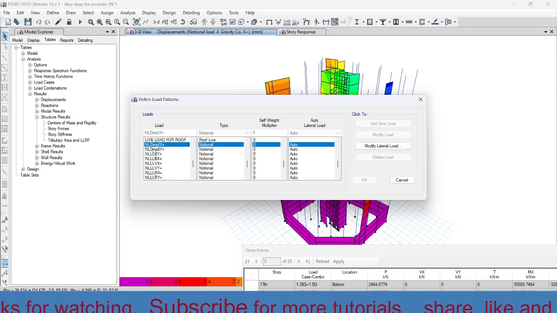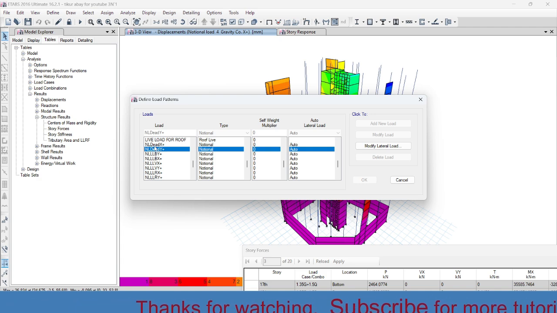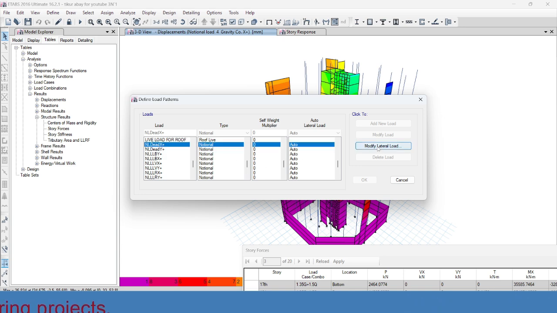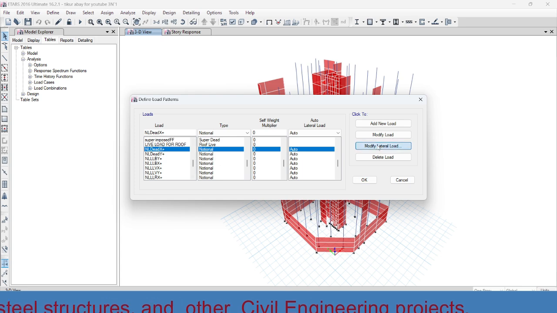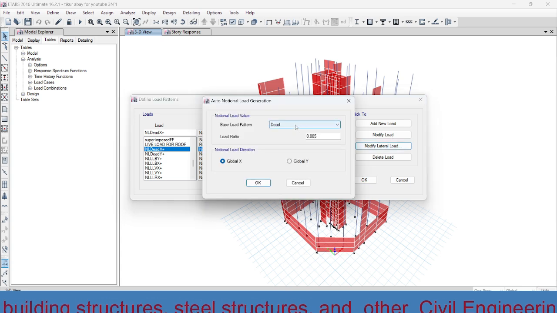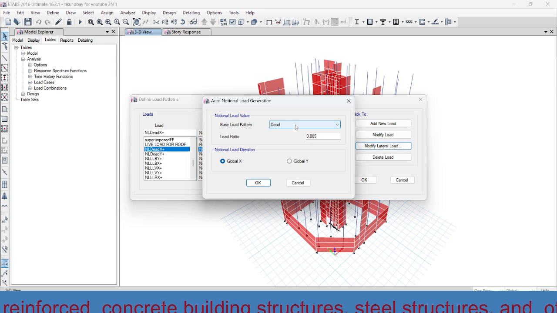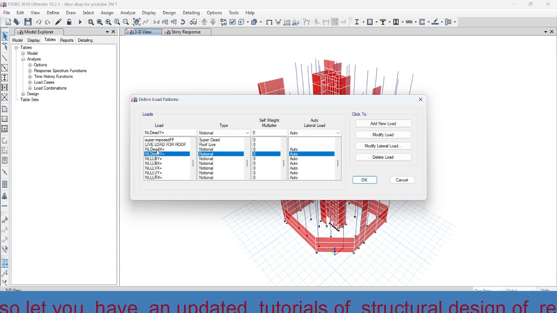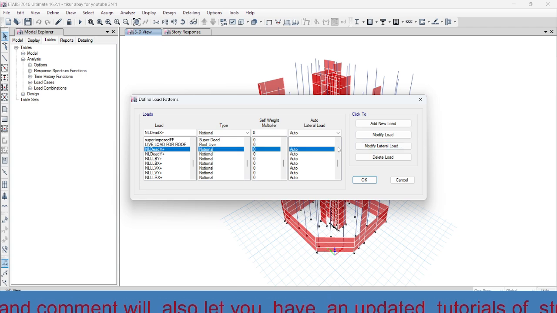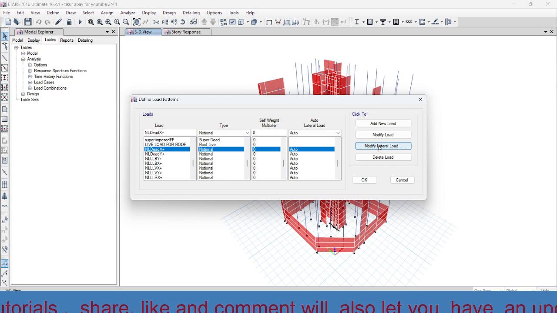For example, the notional load of dead load in x positive direction. Notional load dead in x positive. That is modified, notional load x positive. Yes, that is dead. This is the notional load in x positive direction with reference to the dead load.